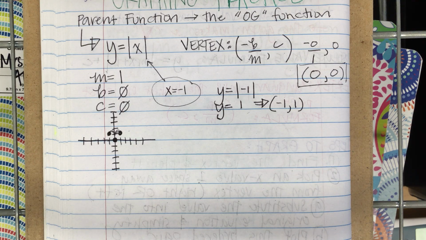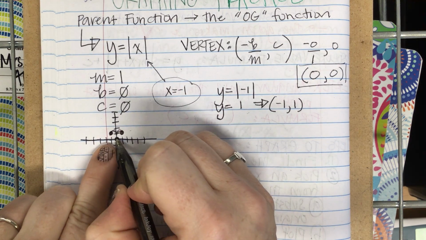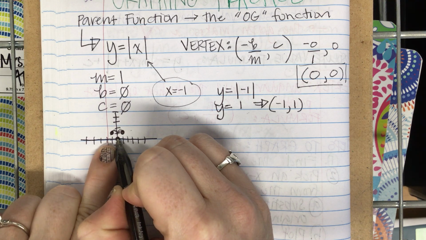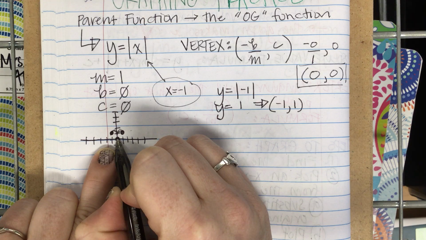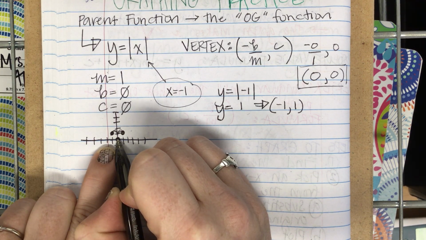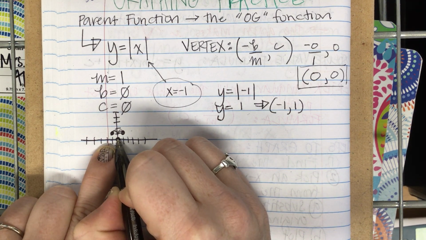What's step number 3? Repeat it, but with 2 spaces away. So if I'm here at my vertex, what are my choices for 2 spaces away? +2 and -2. Let's do +2 this time.